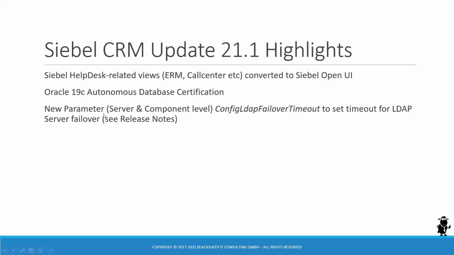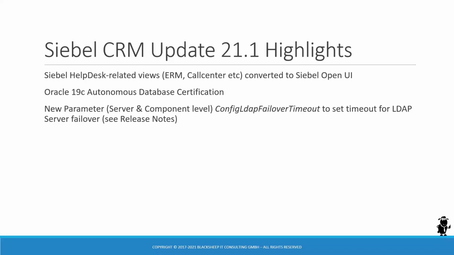And one thing I found particularly interesting, because I was working on a problem, is also telling us that when there's a new release coming out like 21.1, always carefully read the release notes. The release notes tell us that there's a new parameter to prevent a long timeout when there's more than one LDAP server, when it fails over.